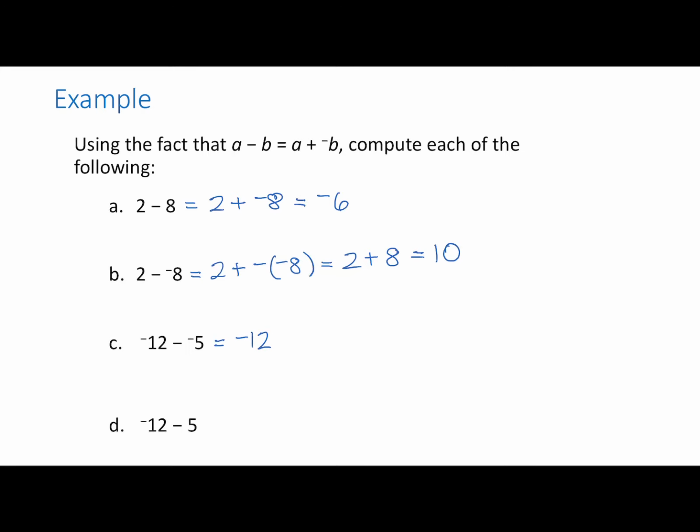Again, I'm going to have negative 12 plus the opposite of negative 5, which is negative 12 plus positive 5, which is negative 7. And finally, negative 12 minus 5 is negative 12 plus the opposite of 5, so negative 12 plus negative 5, which is negative 17.